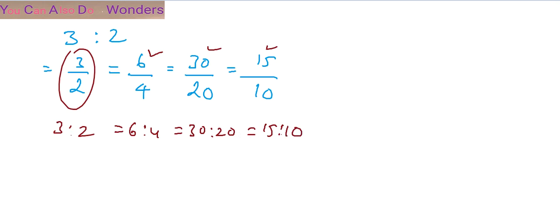If we multiply each term of this by 5, we get this. If we divide each term of this by 5, we get this.